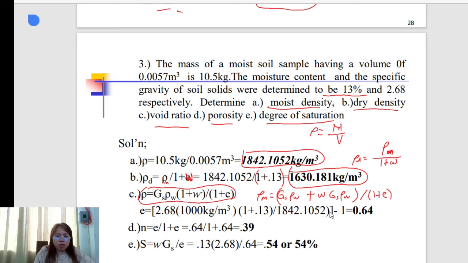We have, in terms of E, but actually you can just substitute the values because the moist unit weight is 1842.